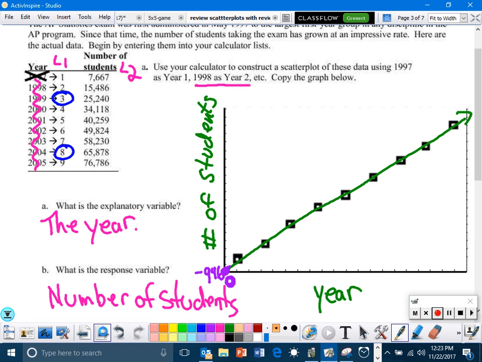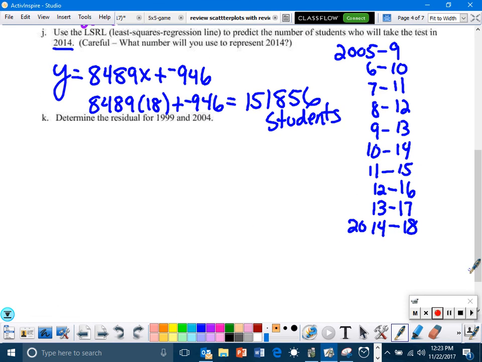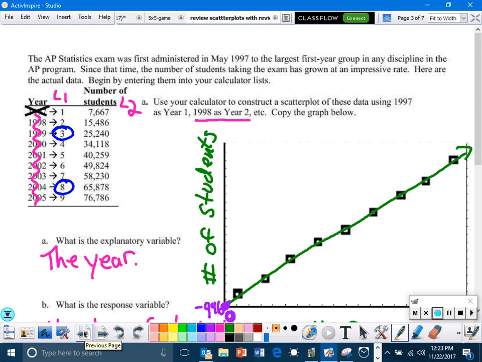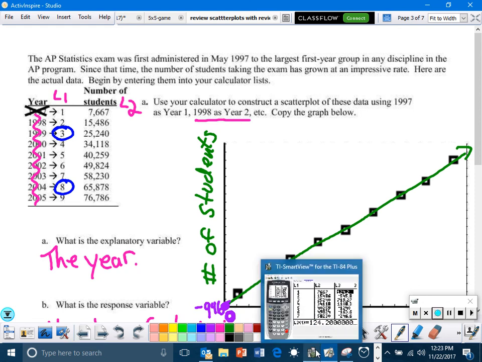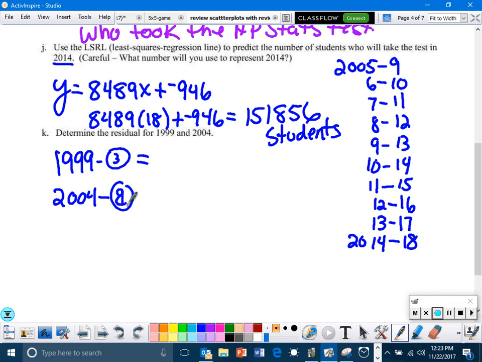Okay, so 1999 is the 3rd year, and 2004, again, was, I believe, we just said the 9th year. Let me go back and double check that. Nope, the 8th year. I'm silly. Okay, let me go fix that. It's the 8th year.